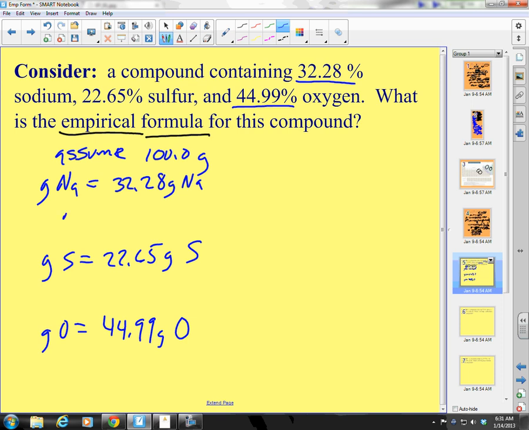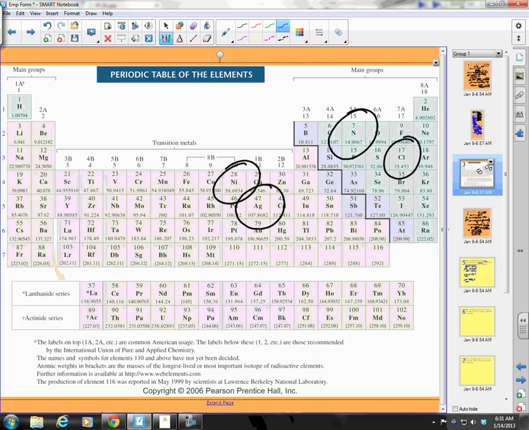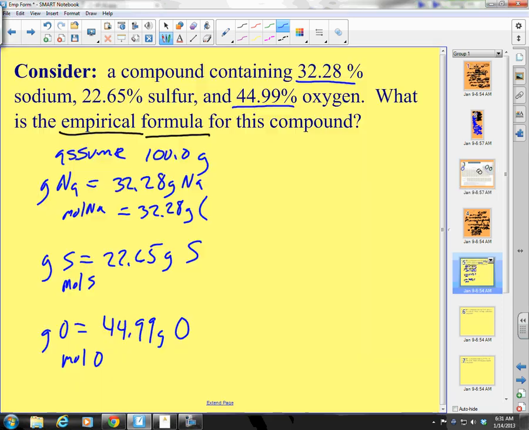So I need moles of sodium, I need moles of sulfur, and I need moles of oxygen. So how do I do that? 32.28 grams times what? Where's my molar mass? Molar mass of sodium is 22.99. So 1 mole per 22.99 grams of sodium.